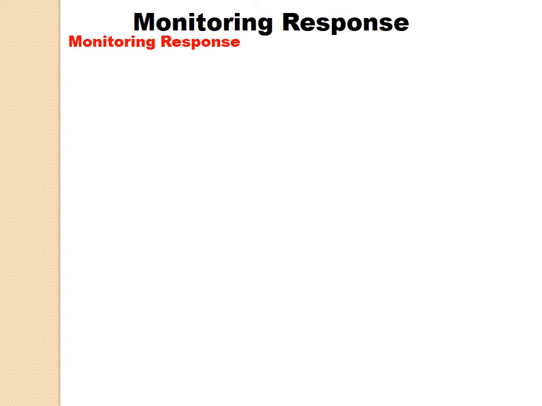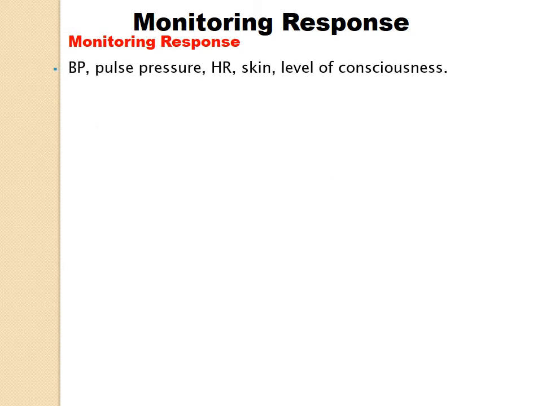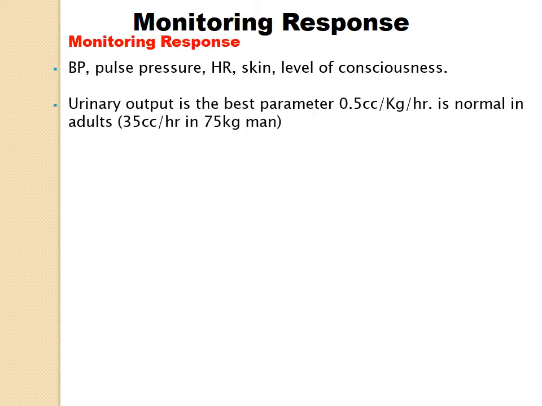Now, come to the point, monitoring the response. What type of responses we have to monitor during the therapy of shock? BP, pulse pressure, heart rate, skin, and the level of consciousness.